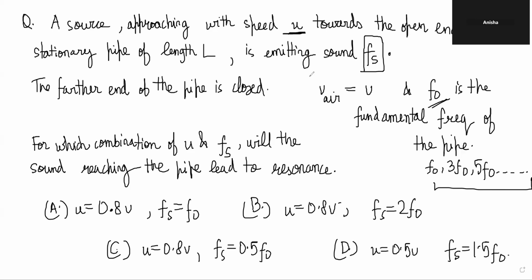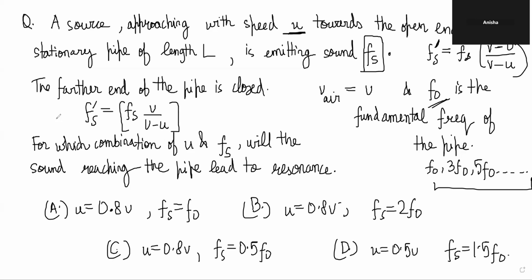Fs dash will be Fs times V minus 0 by V minus u, because the detector is not moving, the source is moving. So the frequency that appears there is Fs into V by V minus u, right?